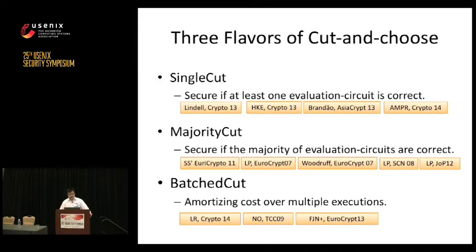Batched cut is the idea to amortize the cost of protocol execution to get good efficiency, and it's only applicable to batched execution. Despite the difference in handling the evaluation result, all these protocols require the checking of the matches. They all have to work.